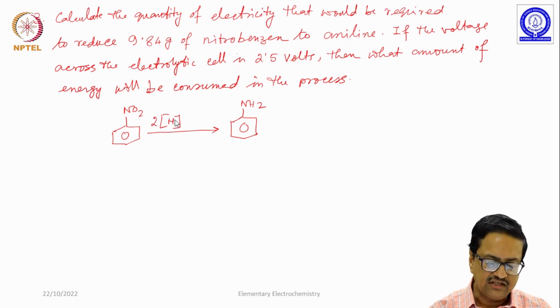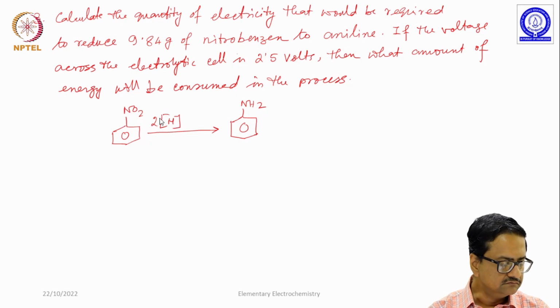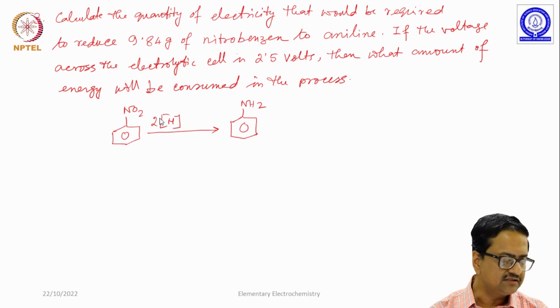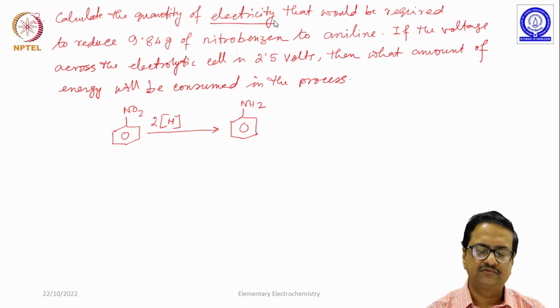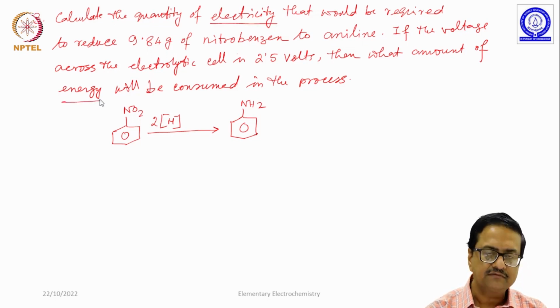So one has to consider how to produce 2 units of hydrogen atoms by an electrochemical process, and then you can consult standard electrochemical textbooks, where you will get some electrochemical equivalent if required, and from that you should be able to calculate the quantity of electricity in terms of coulomb and the energy in terms of watt.